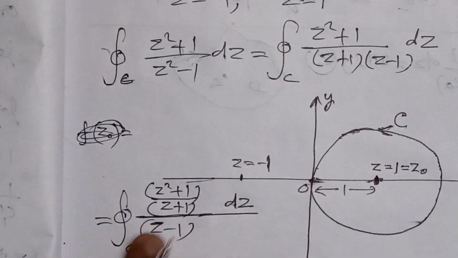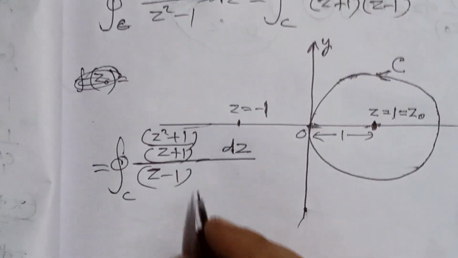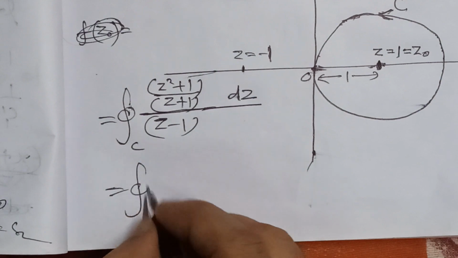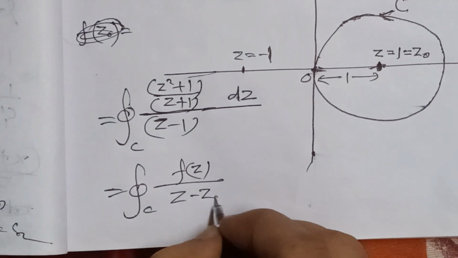Compare this with the Cauchy integral formula, f(z) upon (z minus z naught).